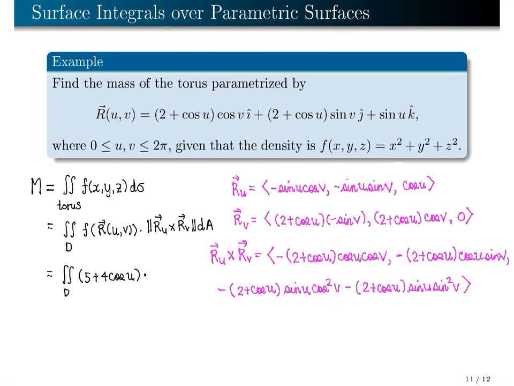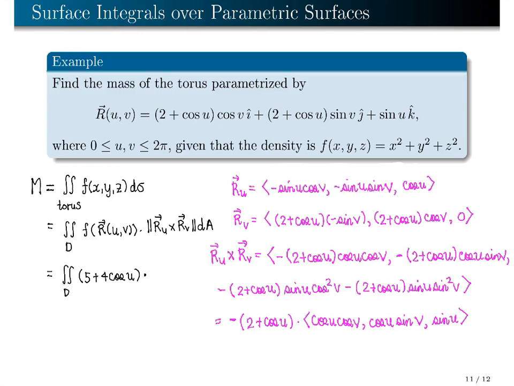Observe that we can factor out the negative of 2 plus cosine u from each component of ru cross rv. Doing that yields the negative of 2 plus cosine of u multiplied by the vector with x component, cosine u cosine v, with y component, cosine u sine v, and with z component, sine of u.